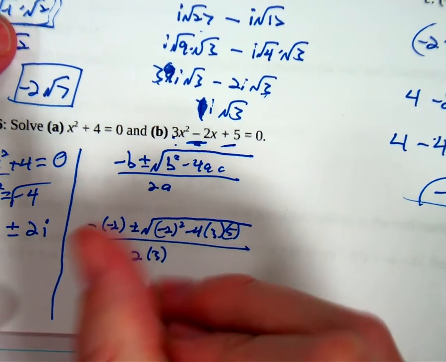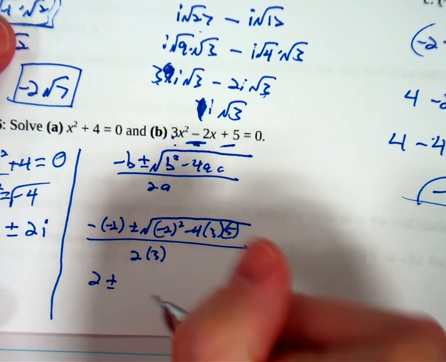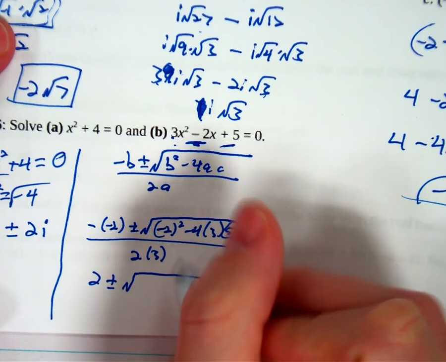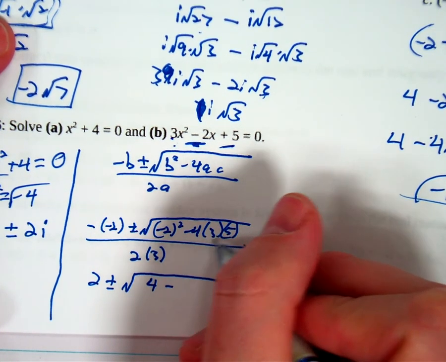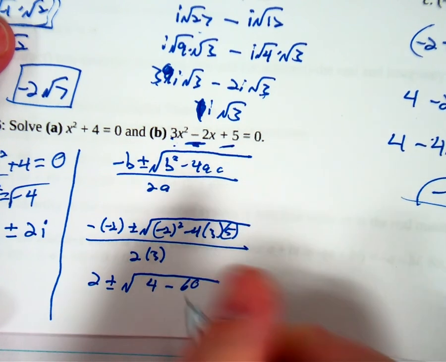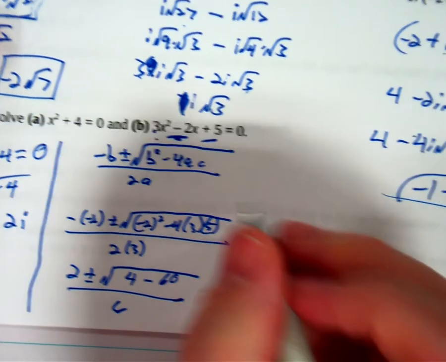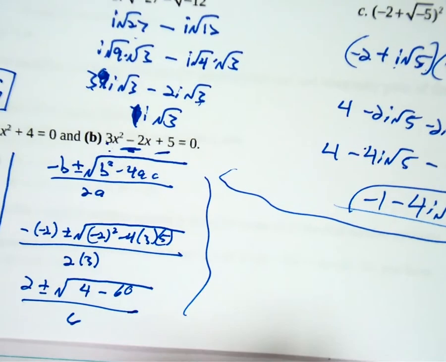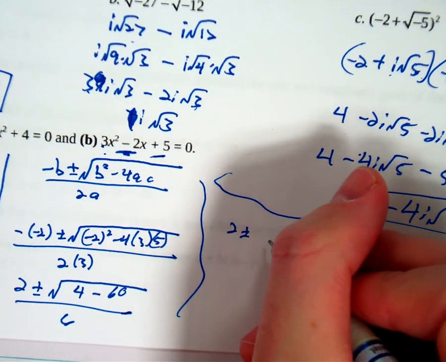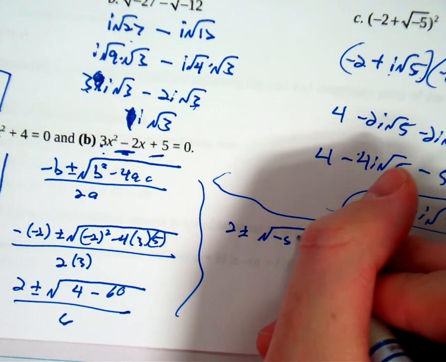Alright, so negative of a negative 2 is a positive 2. 4 minus 12 times 5 is minus 60. 2 plus or minus the square root of negative 56.